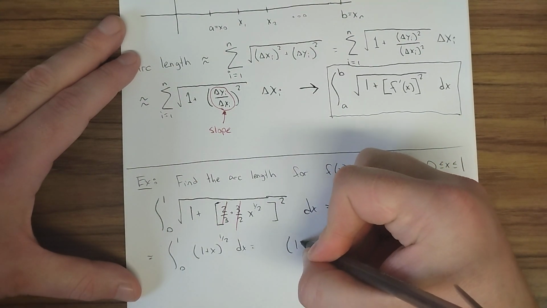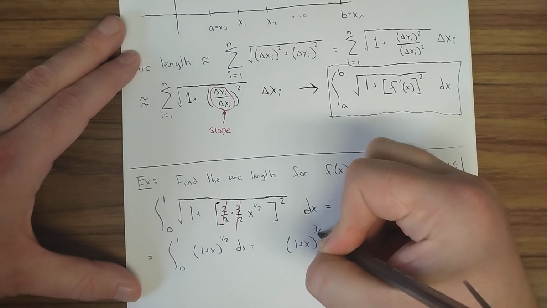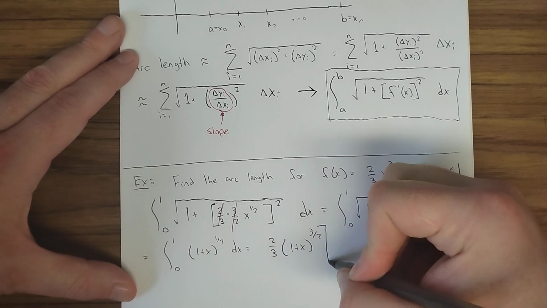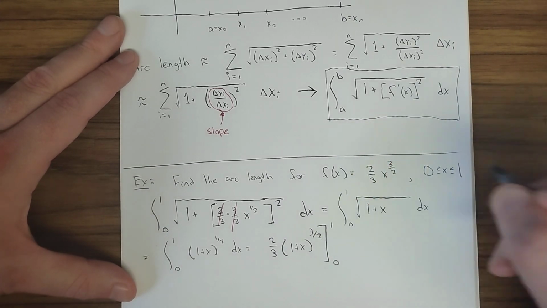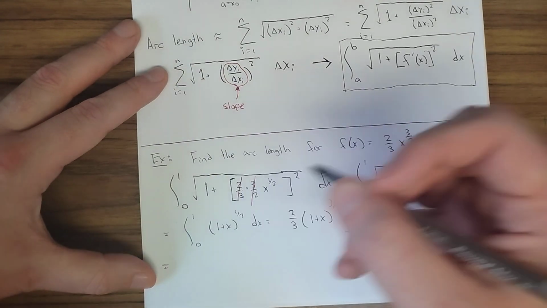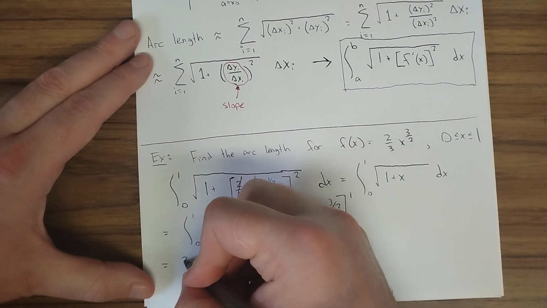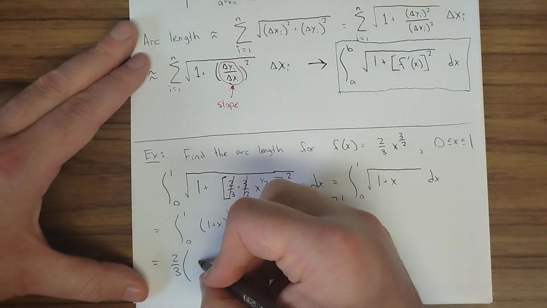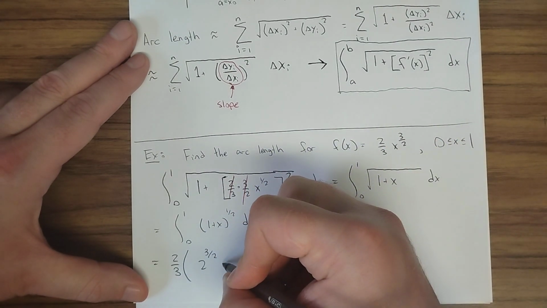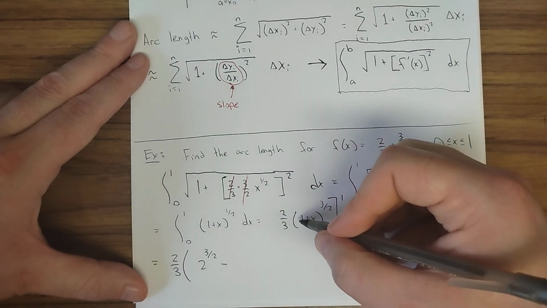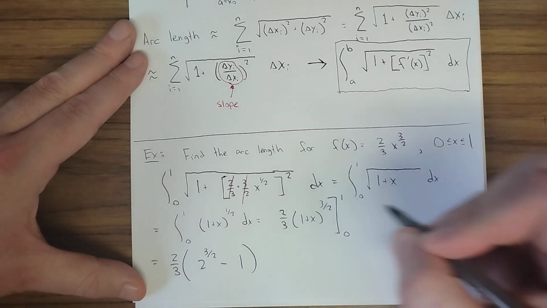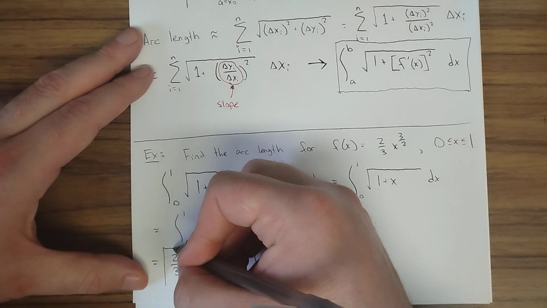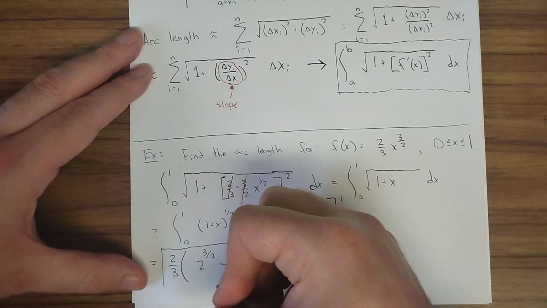This would turn into 1 plus x to the 3/2 with a 2/3 in front, from 0 to 1. Now we're on the home stretch. 2/3 times 2 to the 3/2 minus 1 to the 3/2, which is just 1. And why don't we just put a box on that and call that our answer?